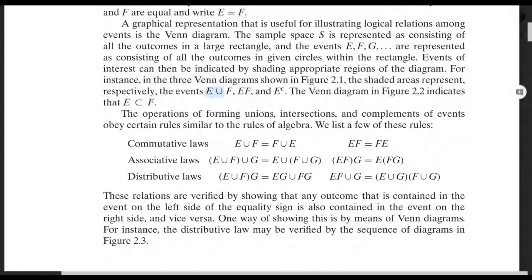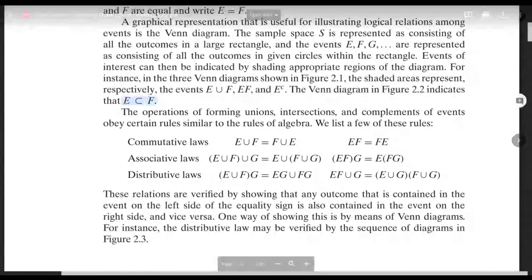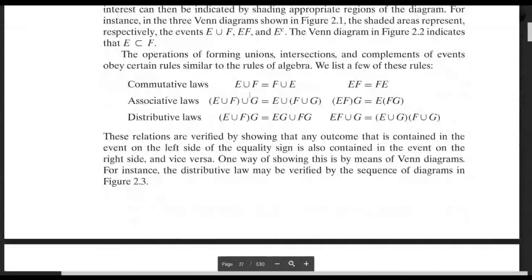So far what do we have? We have E union F, E intersect F, E complement, the empty set, and also E is contained in F. So E union F equals F union E, and E intersect F equals F intersect E. So order doesn't matter.